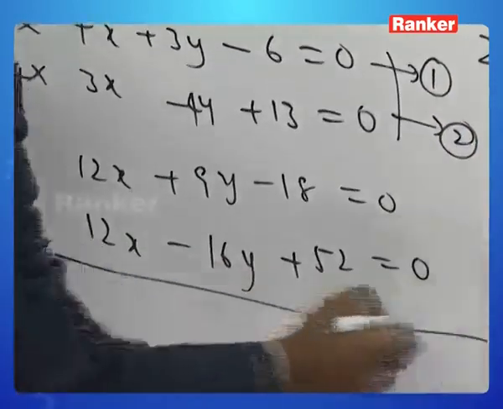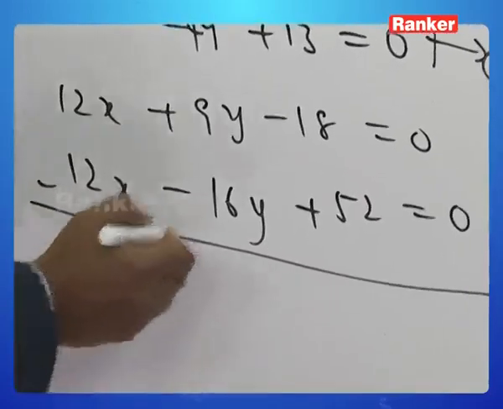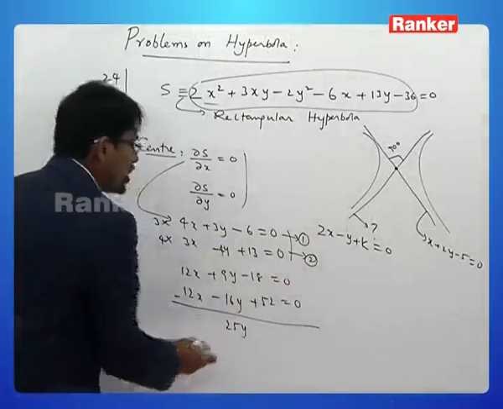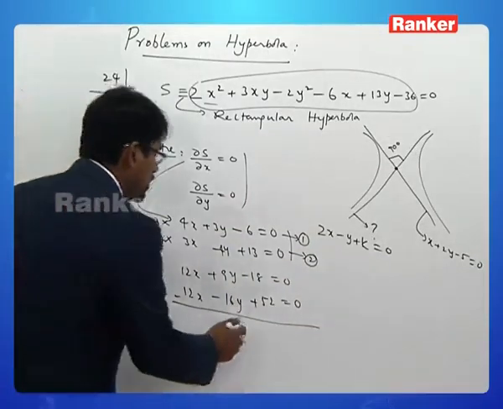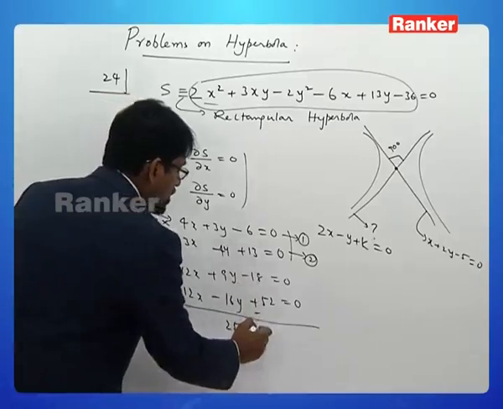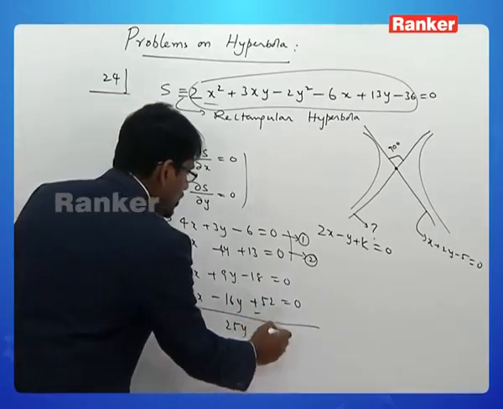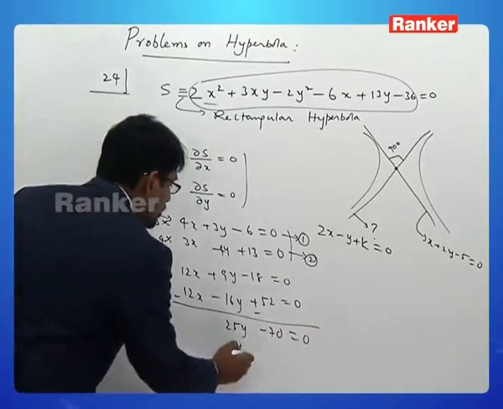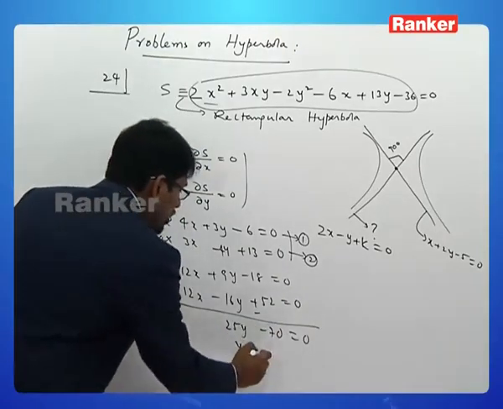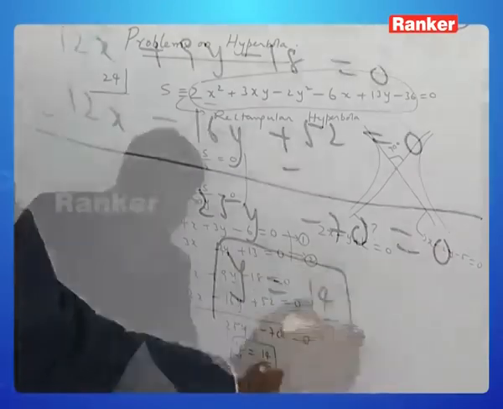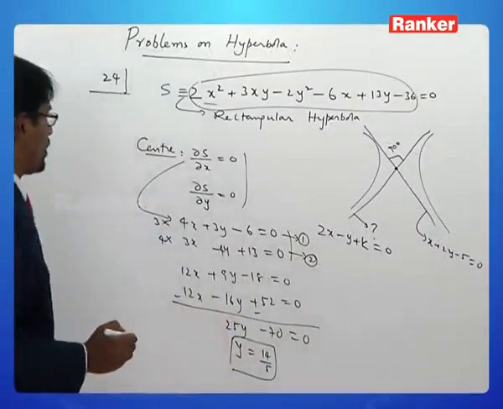Now let us subtract one from the other. We get 25y − 18 − 52, so that makes it 25y − 70 = 0. So y is equal to 14/5.